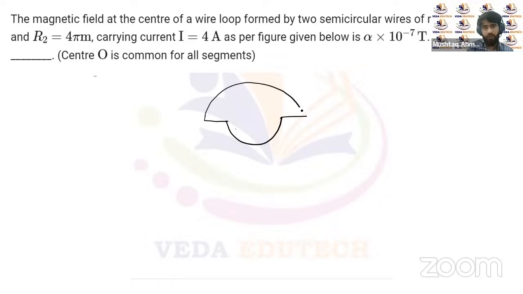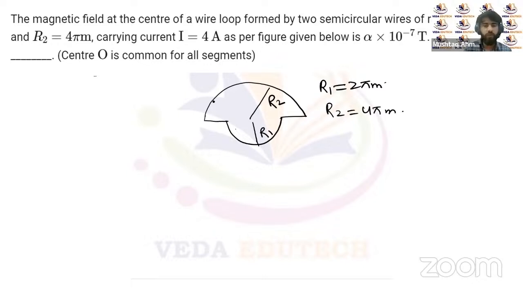Let's suppose its radius is R1, and this wire will have a radius of R2. The value of R1 is given as 2 pi meter, and R2 is given as 4 pi meter.